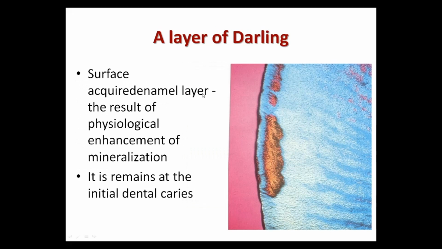A layer of Darling, the surface acquired dental layer, is the result of physiological enhancement of mineralization, and it remains at the initial dental caries. During initial dental caries, layer of Darling remains.